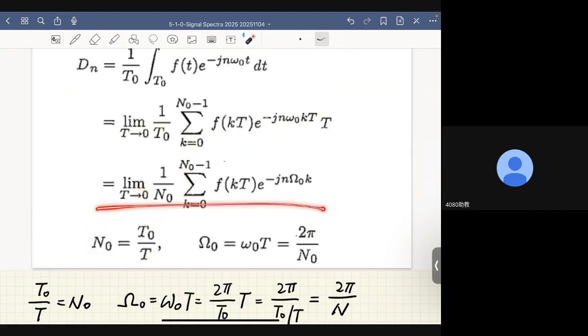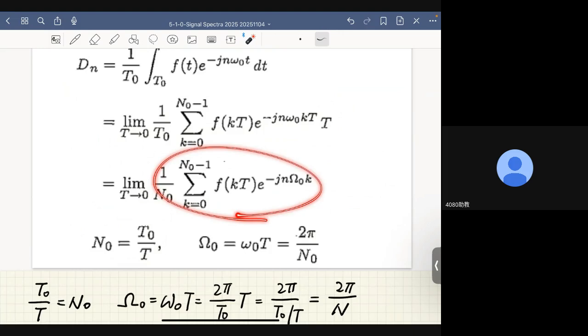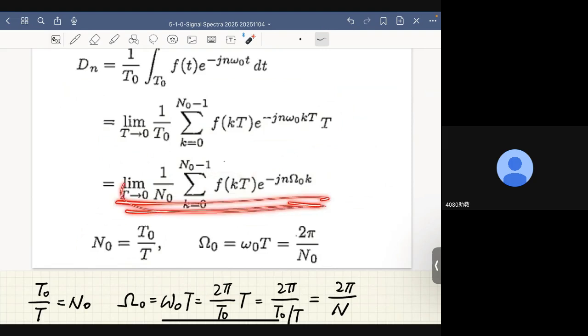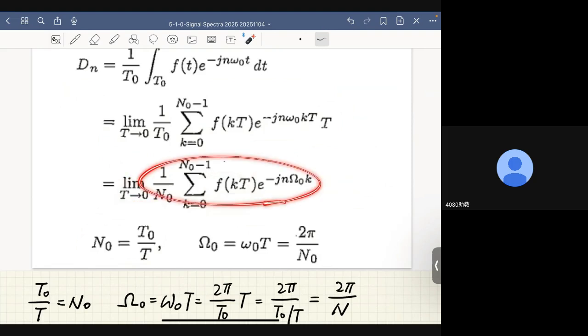And that's it, okay? Because with this expression, I can actually write a program to determine the value of this series, because I know what f of kT is, and I certainly know this term. So I can write a simple program to determine the value of this representation, okay?